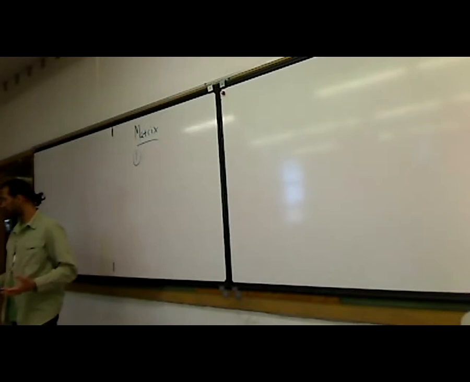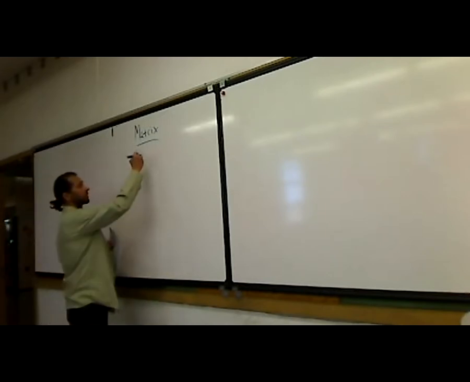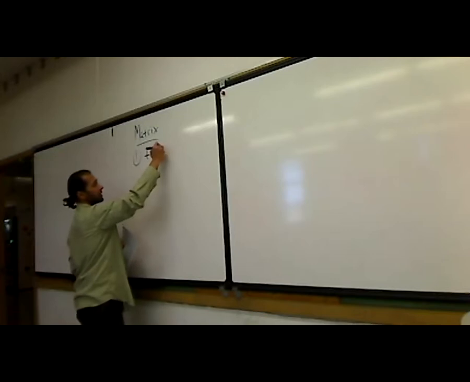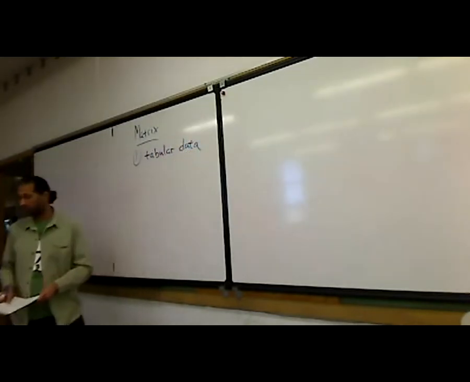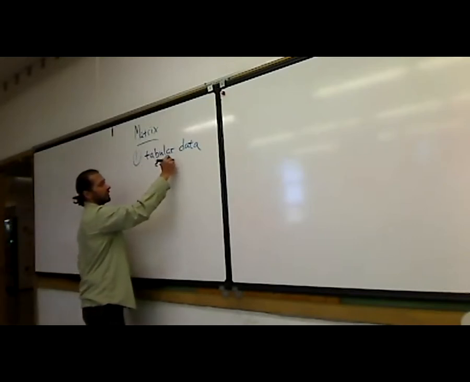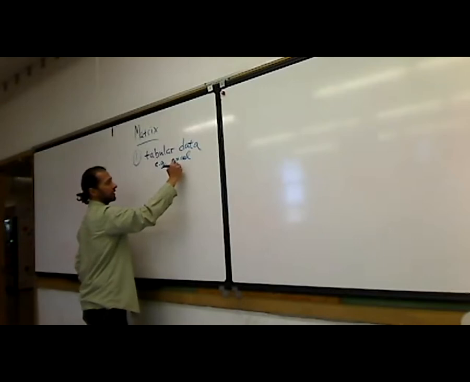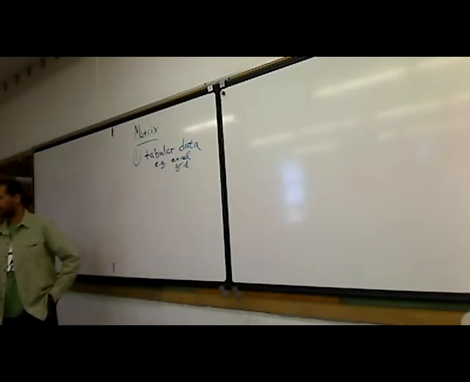Tabular data is a fancy way of saying a grid of data. An Excel sheet is tabular data. It's something you're familiar with, but you've probably never seen that term. A grid of data is another way to think about it. You have rows, you have columns, you have a bunch of data.